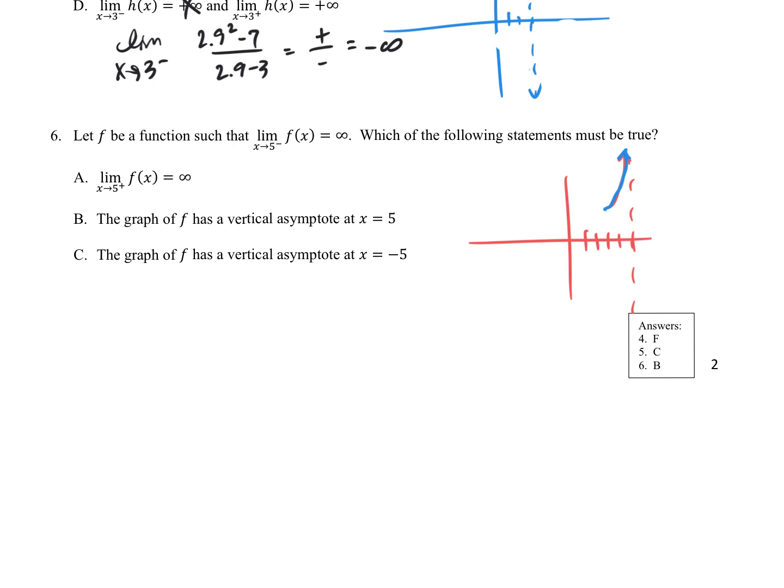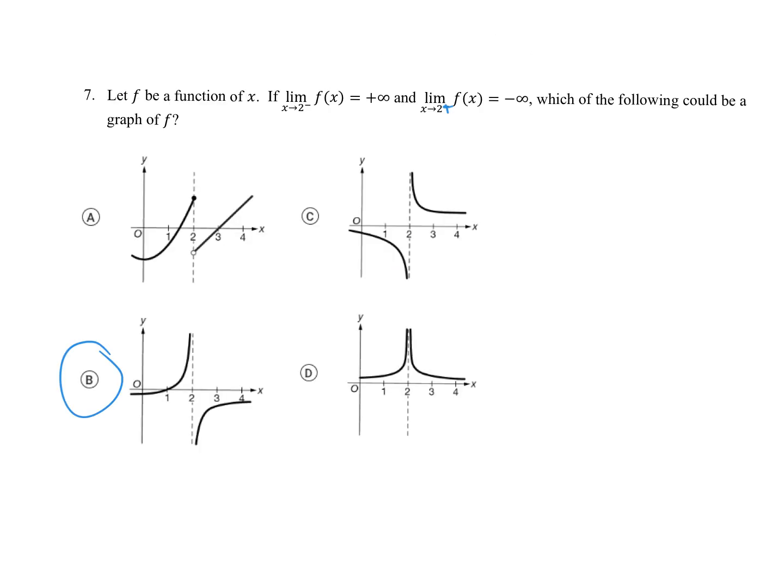A, B, or C? Yeah, we got to have a vertical asymptote at x is 5. The only difference here is I made that a negative 5. Okay, we did have to amend that.